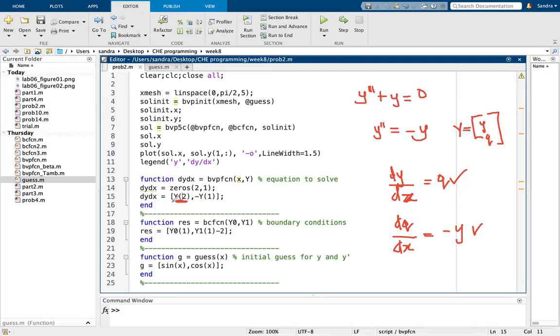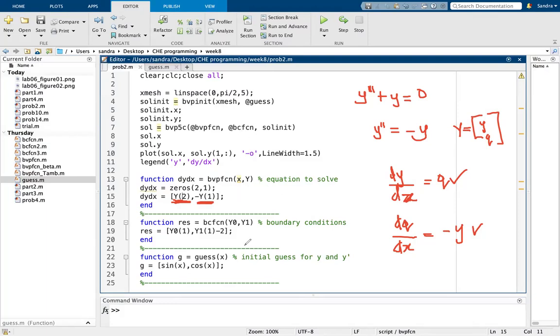That is what is written here. Q. And my next equation will be minus y. What is minus y? That is my capital Y's first entry. That is why I write minus y, in the bracket I write 1. So I have properly written the equation here.